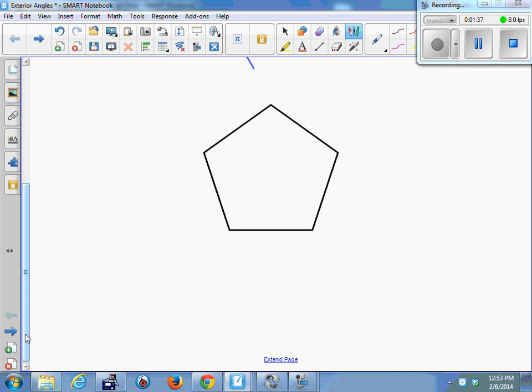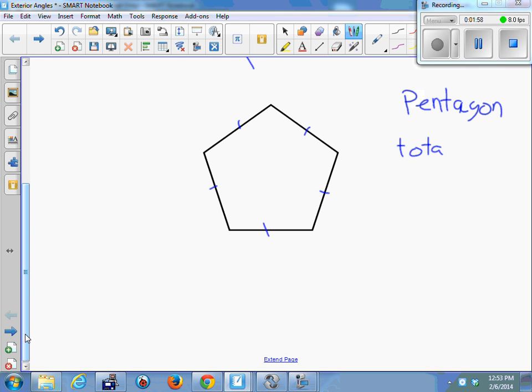If you look at our pentagon, these are ones where we might not necessarily know the angles on the inside, so we're going to solve those. Pentagon, I spelled that wrong. Pentagon, because it has 5 sides. The first thing we're going to do is find the total number of degrees.